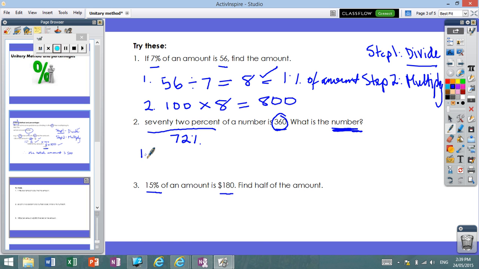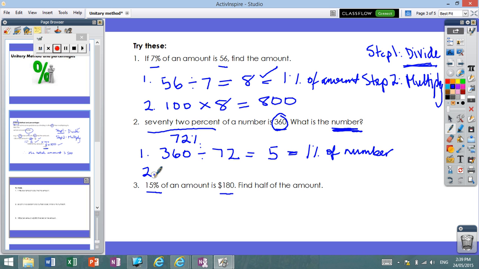So again, step one, our divide. We're going to divide our two numbers. So it's 360 divided by 72, which gives us 5. So we've just figured out 1% of the number that we're trying to find.